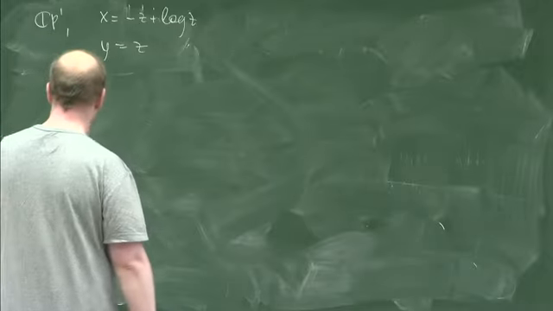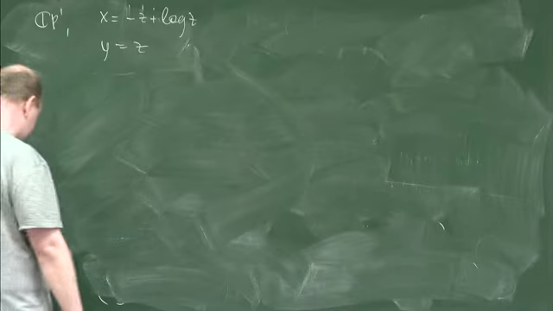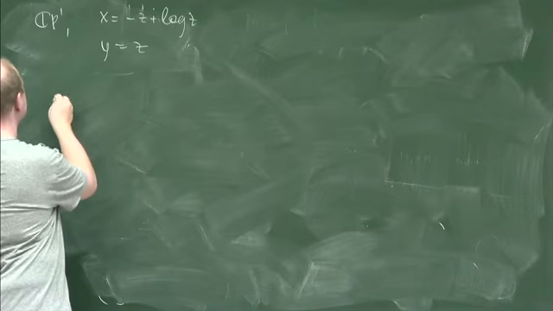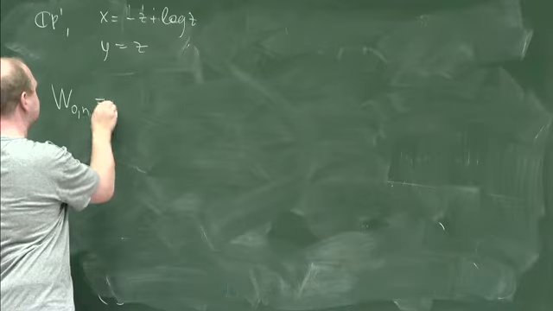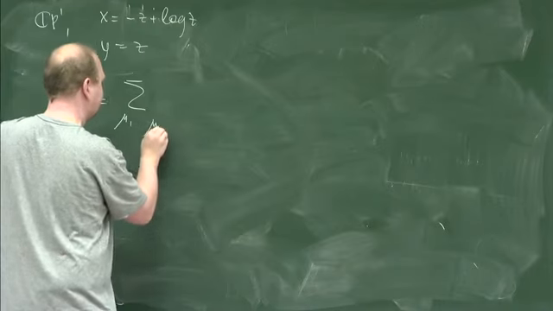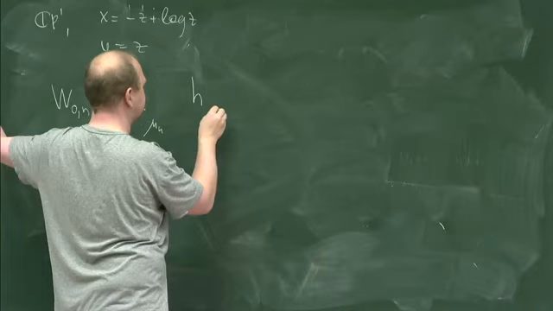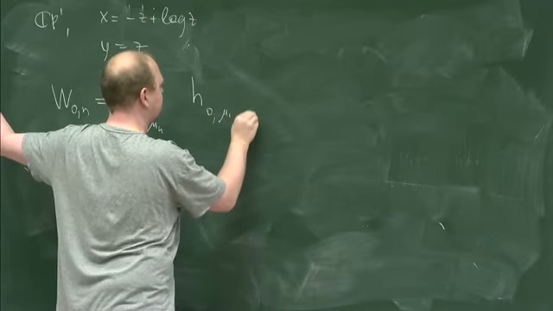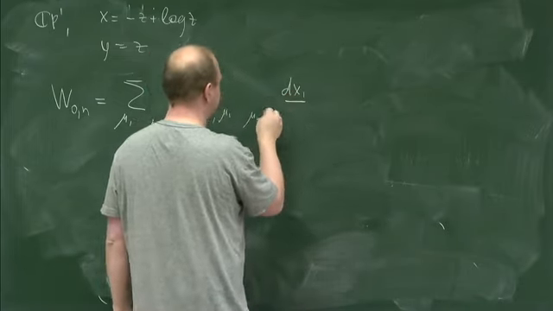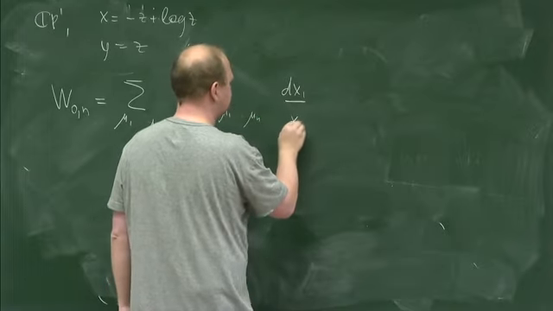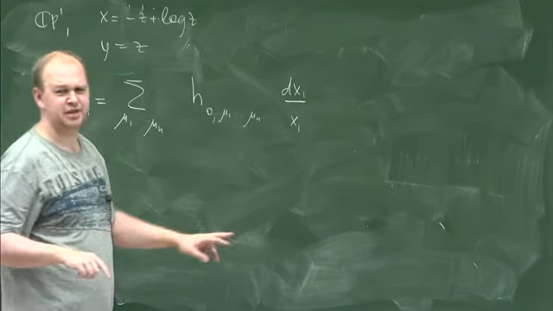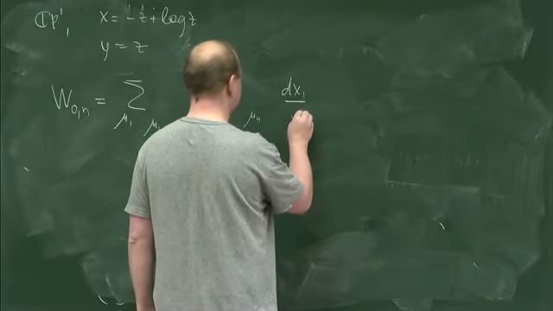Then what we get would be the following. W0n is equal to the sum over all possible mu1, ..., mu_n. Here I put something that I'm going to explain in a moment, 0, mu1, ..., mu_n, and then I still put this dx1, maybe I have to put here some extra mu_i, over x1. It's an approximate formula because there is some very small combinatorial coefficient, like the product of the mu_i's maybe, but I don't remember this coefficient by heart.